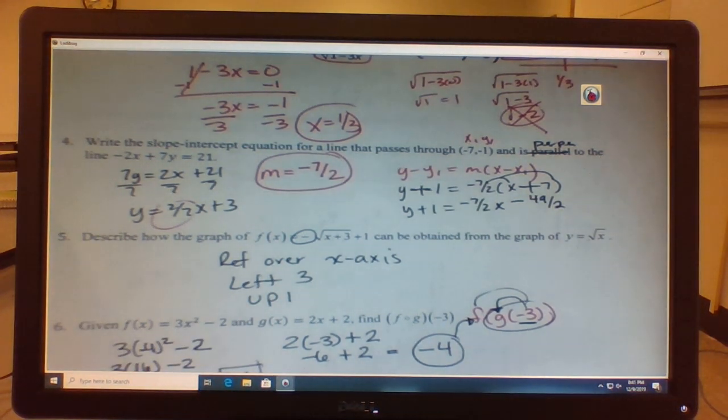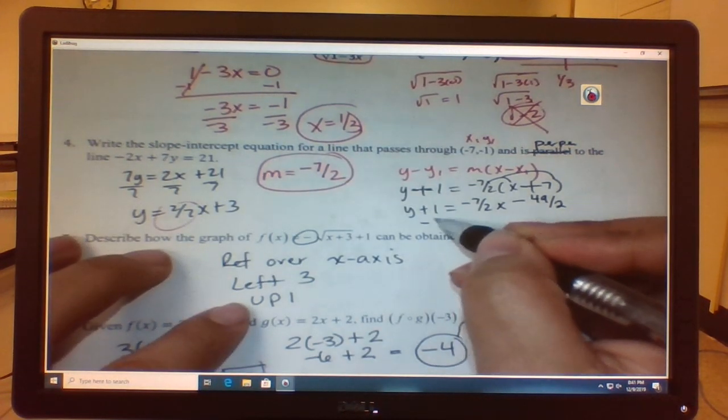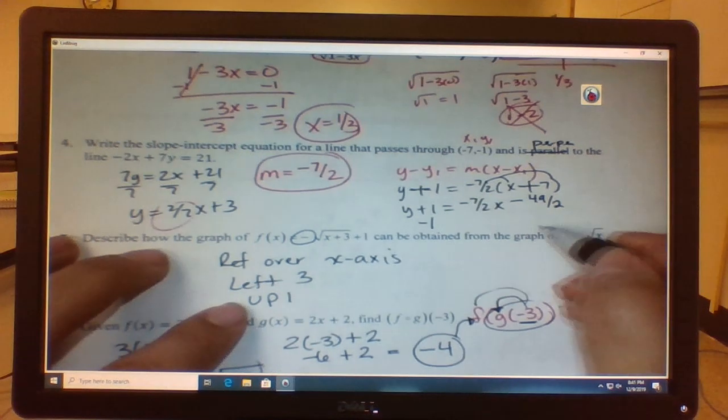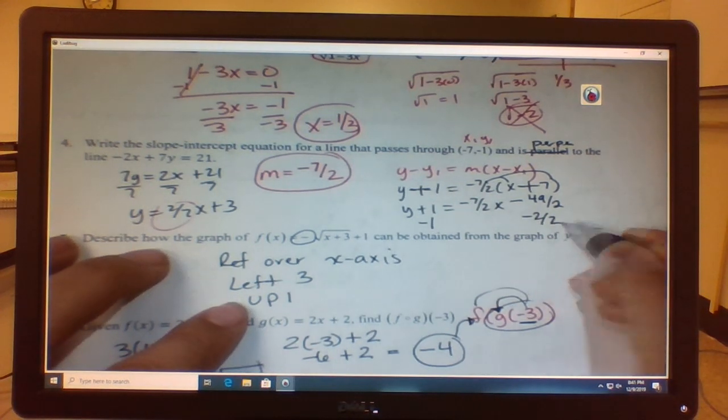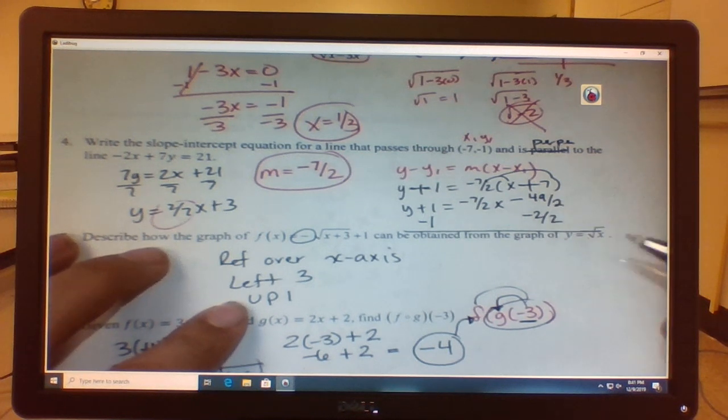Because you just multiplied the 7 times 7. That's it. So one more thing. That 1 has to go over. So if it's a +1, I have to subtract. So I'm subtracting 1 here, but I'm going to subtract 2/2 over here, because I'm changing it into a fraction because I need a fraction, right?